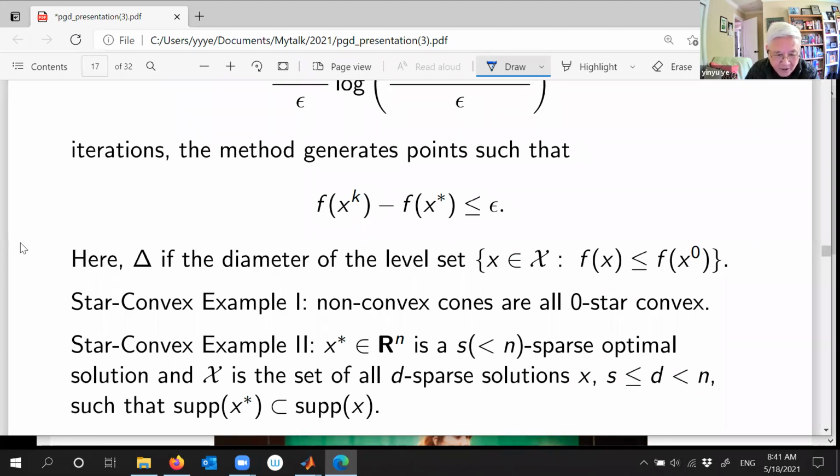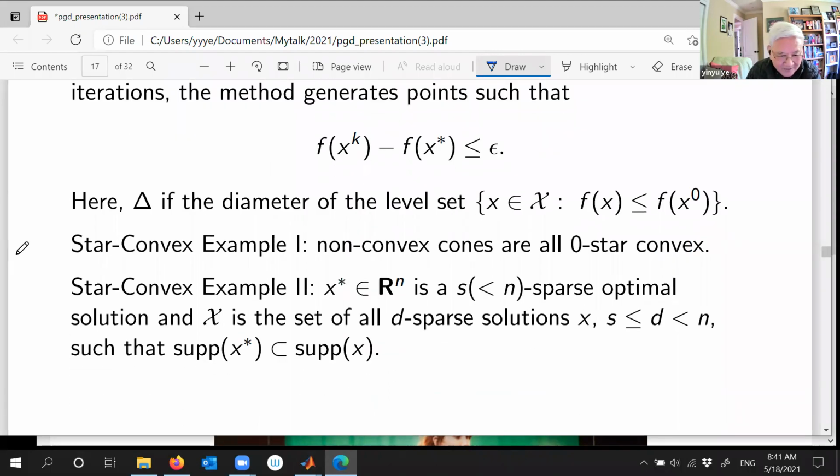Generally, for example, all the non-convex cones are 0 star convex because they all contain the origin. So take any point in the cone, connect the origin to that point, and the segment is entirely in that cone, even if that cone is not convex.